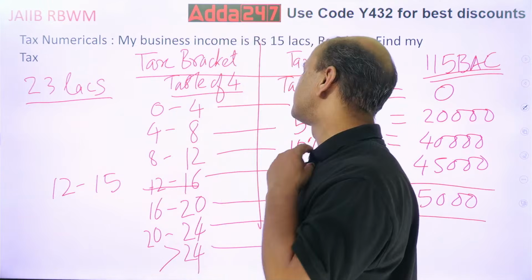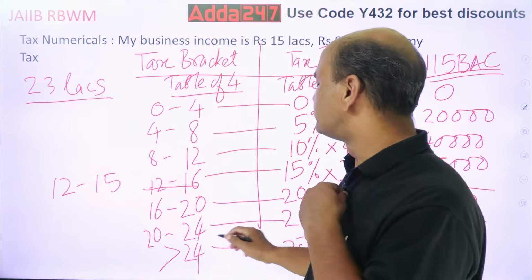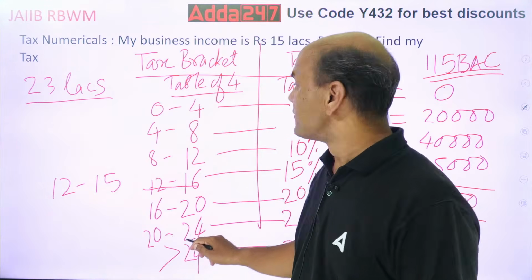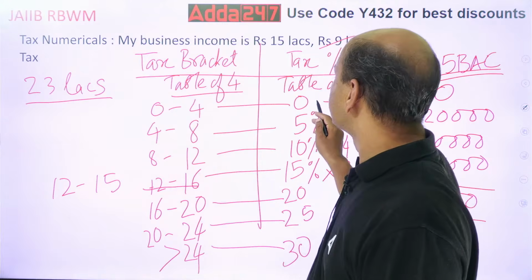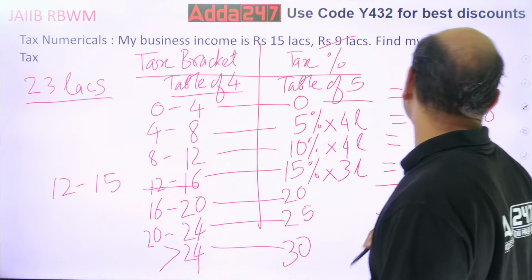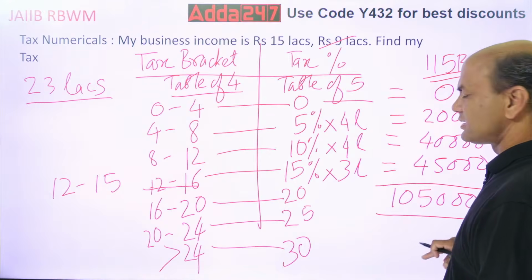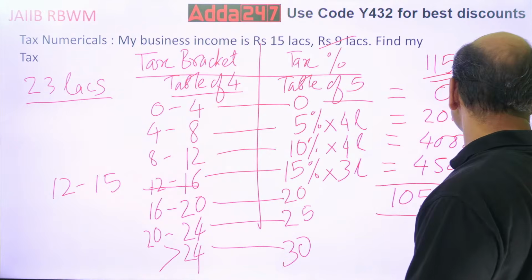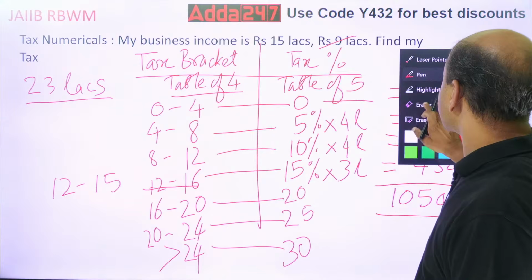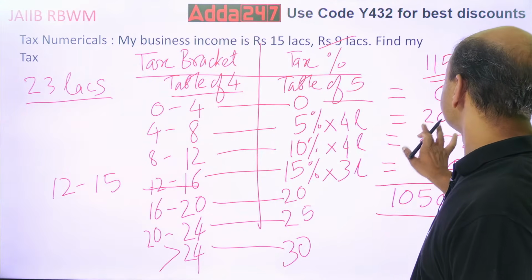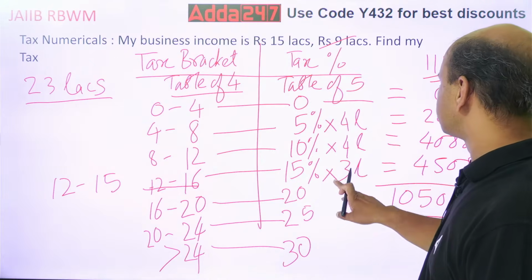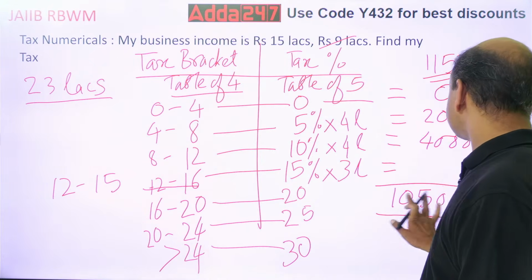If my income is 23 lakhs, 23 lakhs means year. So up to this, everything will be paid. So 0, let's start this. This is the same, this will change.